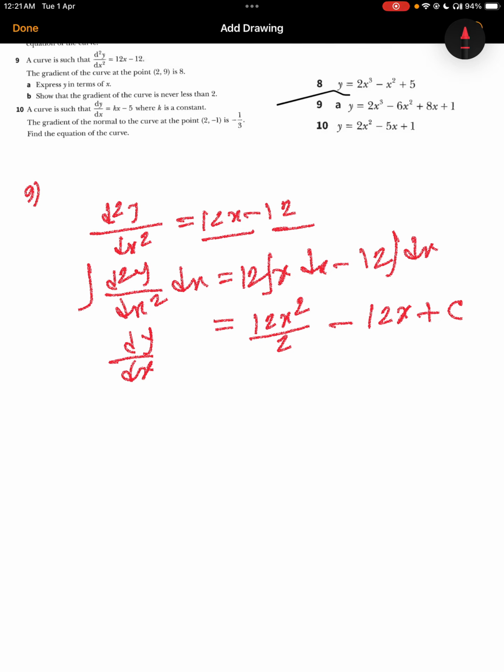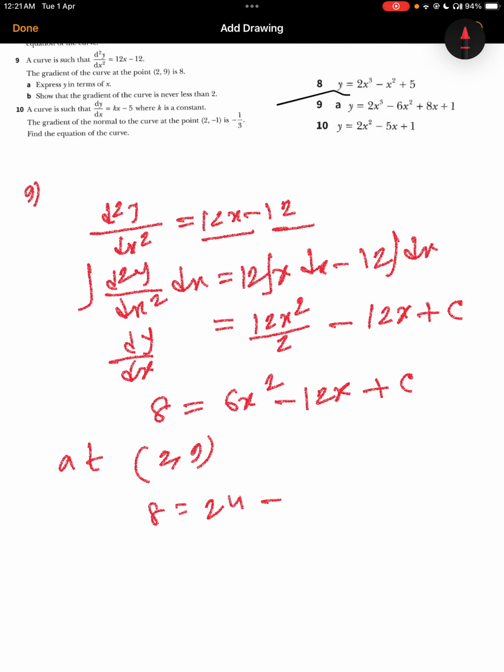Now it says that the gradient of the curve is 8. So we can input 8 here, where dy/dx is 6x squared minus 12x plus c. At the point (2, 9) we can input the values. So 8 is equal to, the x value is 2, so this is 24 minus 24 plus c.